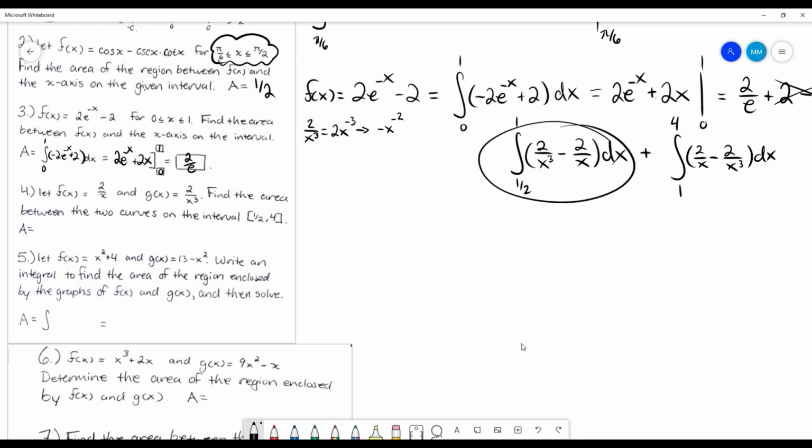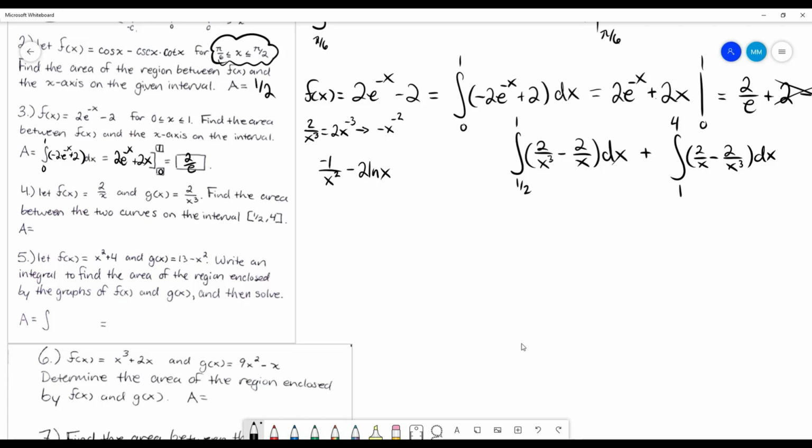So this first integral there, that's going to be negative 1 over x squared, because this negative tells me it goes below, minus, and then of course this is 2 times 1 over x. The integral of 1 over x is natural log.